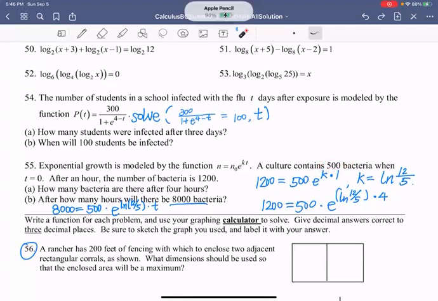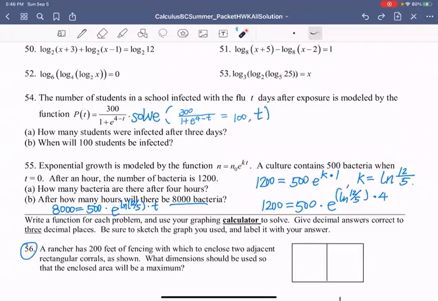So you have to figure it out by doing 1,200 equals 500e to the power of k times 1, since it's after 1 hour. If you solve that, k would equal ln of 12/5, and that would be the rate.